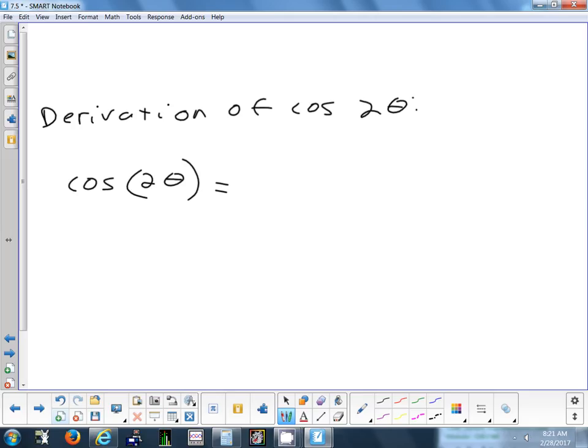I need a way to rewrite what's inside there. Hopefully, if you tell me a way to rewrite it, it's using an identity we learned yesterday.